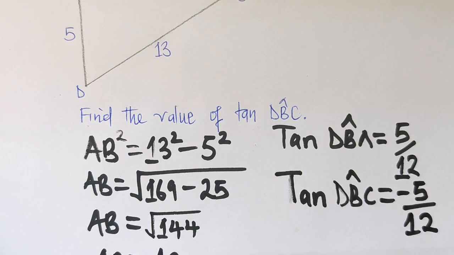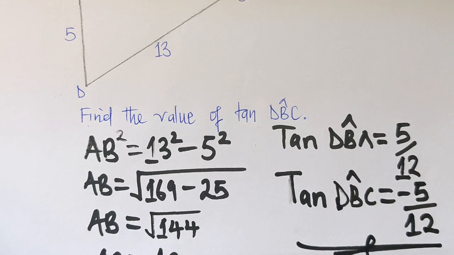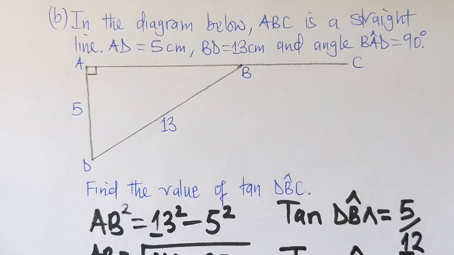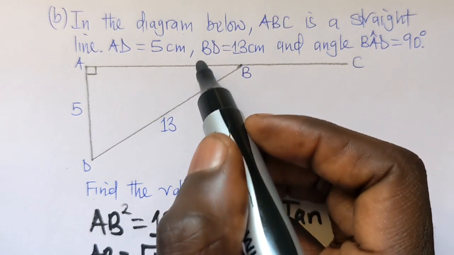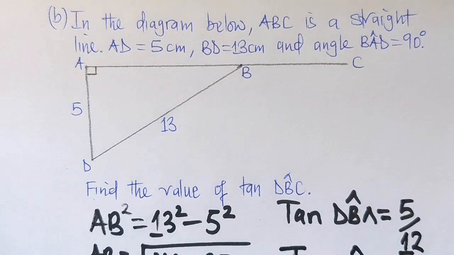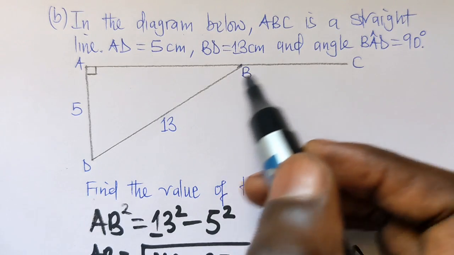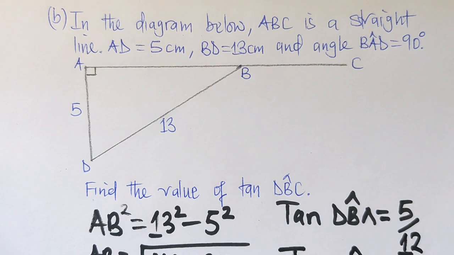And that is our answer for tan DBC. So we are basically working with the quadrants on this part. This is because this measure here is in the first quadrant, and this measure here is in the second quadrant.